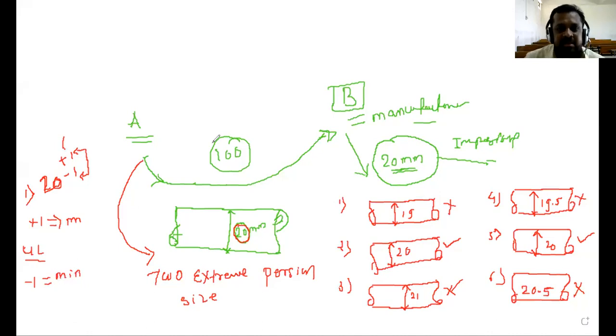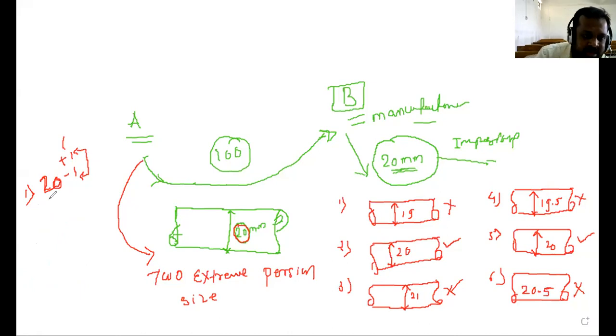Just you see here, means if I add that +1 and -1 to this size, then what is the variation? Now see here, 20 +1, what is this? It is 21.